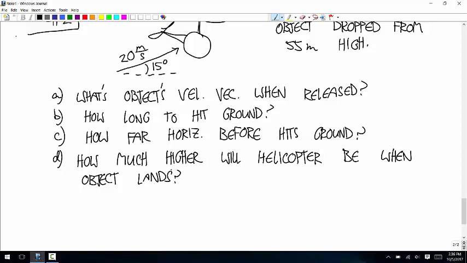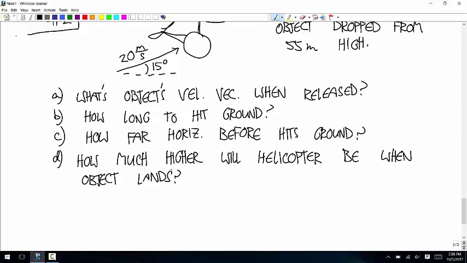Okay, so we're asking basically, we know when the helicopter drops the object it's 55 meters high. Maybe when the object lands, the helicopter just keeps going along its straight path. So when the object lands, let's say the helicopter is at a height of 75 meters.